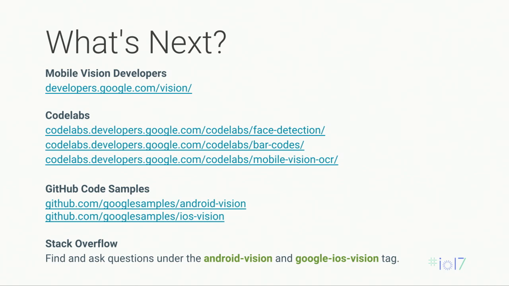So if you are new to Android development and you want to try our API, these three links are definitely very helpful. And we maintain two GitHub repositories, one for Android and one for iOS. We put some sample code there. So if you want to know how we use the API, you can check these two GitHub repositories.